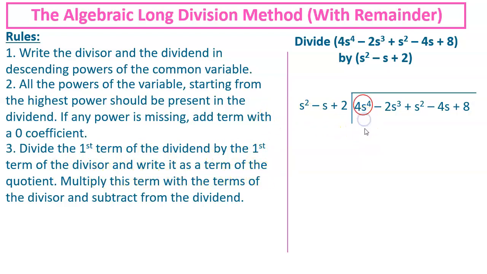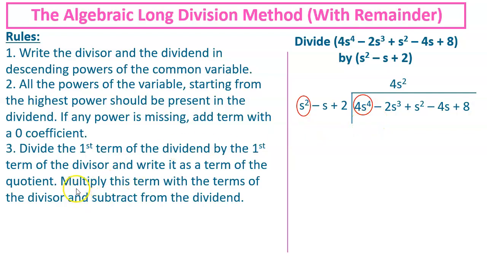Now this is the first term of the dividend and this is the first term of the divisor. We divide this first term of the dividend, that is 4s to the power of 4, by s to the power of 2 to get the result of the division as 4s to the power of 2. This is a monomial division, so the quotient is 4s to the power of 2.